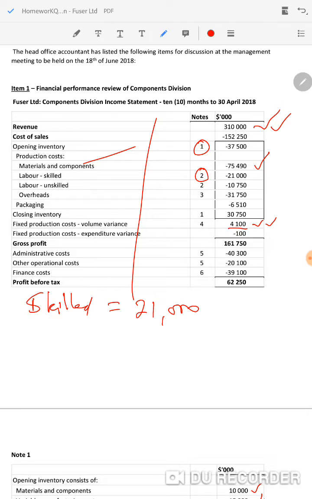So the 21,000, how did we get it? Under absorption costing, we said how many units were produced plus the rate per unit of skilled labor. But we are saying actual, what we incurred is we now need to take out the volume variance.